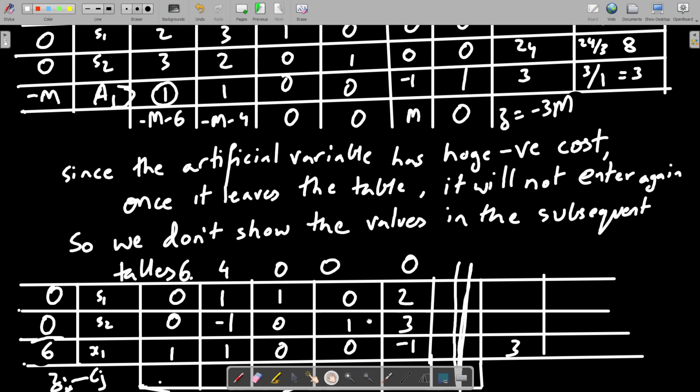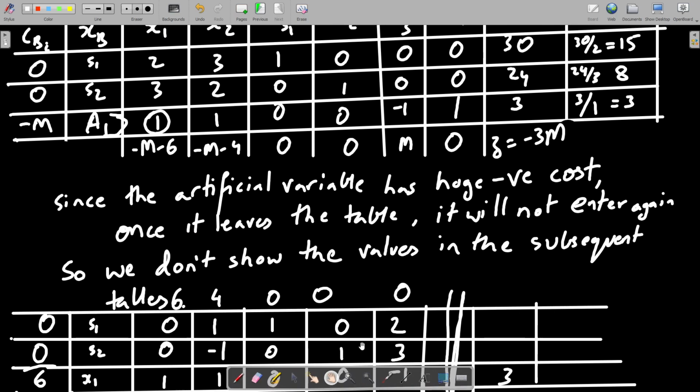Okay. Next are these entries here. 1 into 30 minus 3 into 2, so that will become 24 here. And 1 into 24 minus 9. So 24 minus 9 is 15, right? So 15 divided by 1 is going to become 15 again.